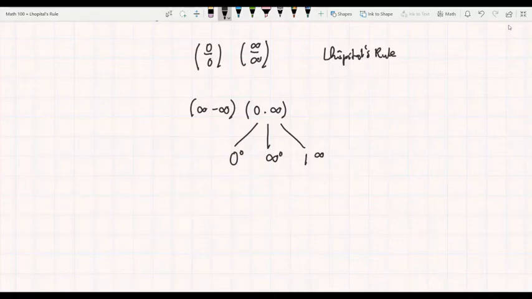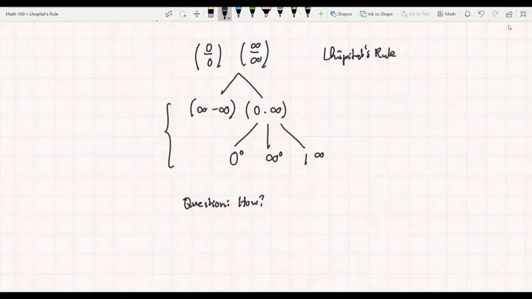So now, our question is, how do we evaluate the limits of the other 5 indeterminate forms? For this, our general strategy is from these 5 indeterminate forms, we will try to manipulate these expressions in order to be of the form 0 over 0 or infinity over infinity.